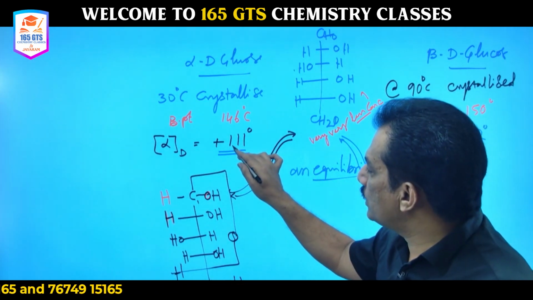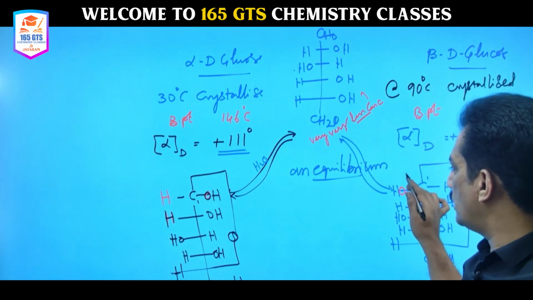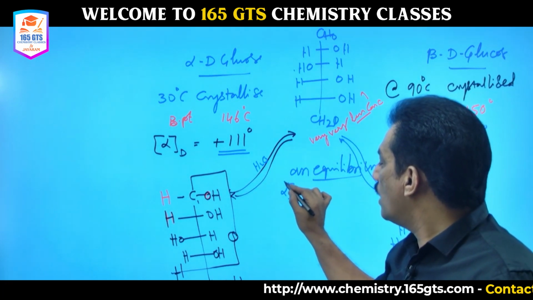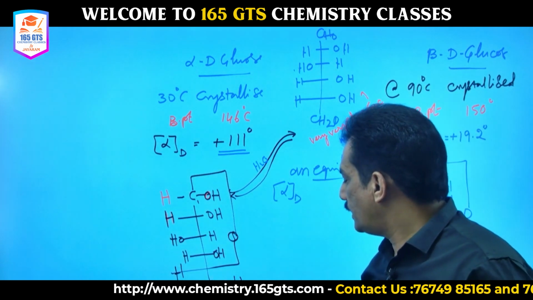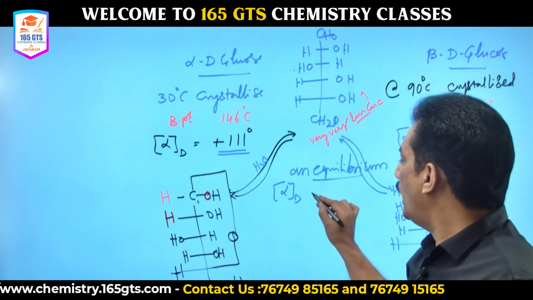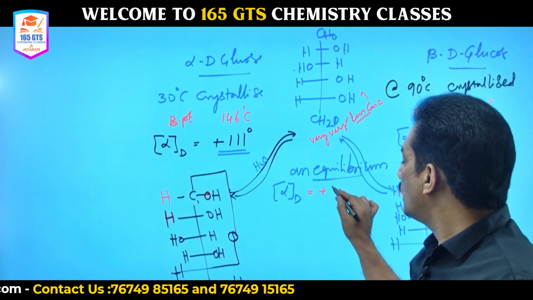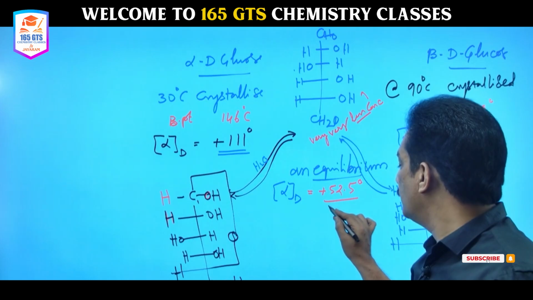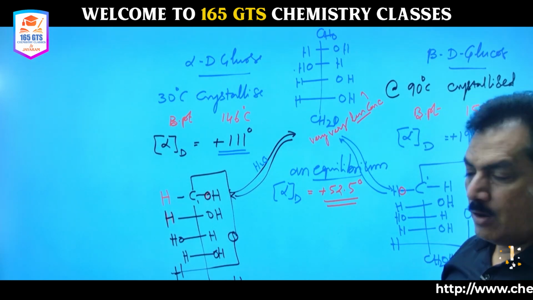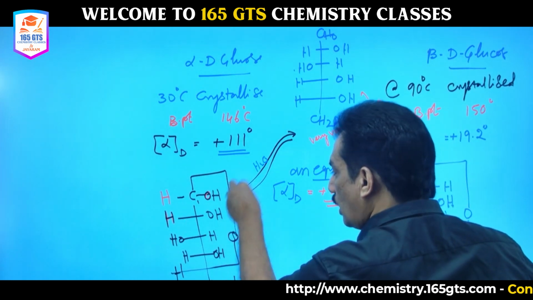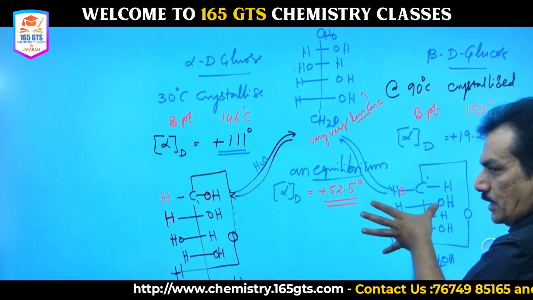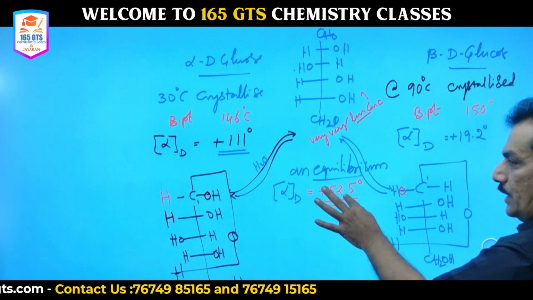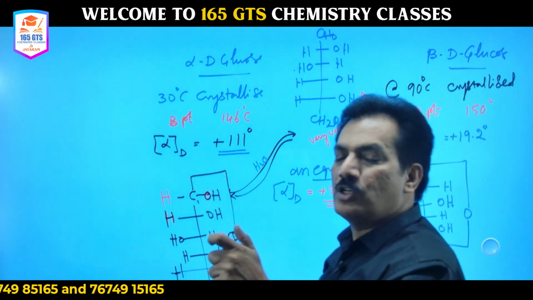If it is started from this, coming into this and establishing an equilibrium, at equilibrium the alpha D mixture is established at plus 52.5 degrees. Very interesting and important. When it is started with alpha dissolved in water, because of establishing an equilibrium, this slowly changes and becomes constant at plus 52.5 degrees.